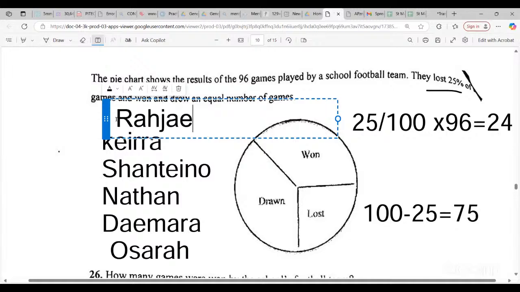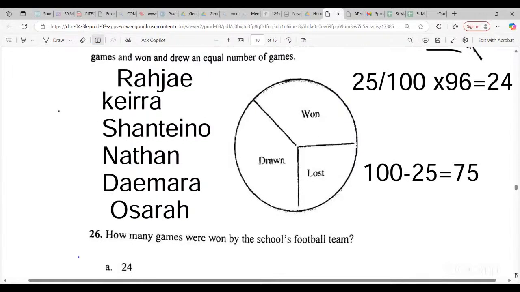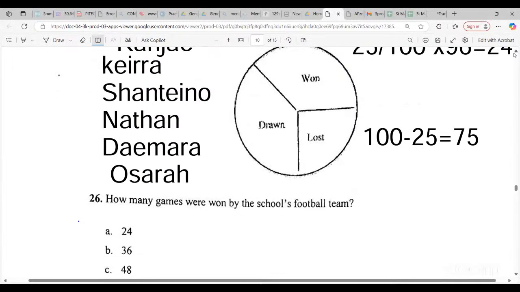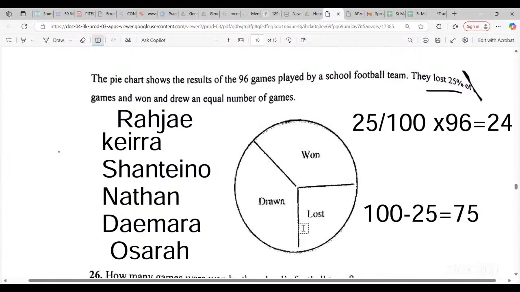So first, my answer is B, 36. It says there were 96 games played by the school. 25% was lost, and an equal number was won and drawn. So first it wouldn't be 24, because won and drawn would have to be bigger than the loss.